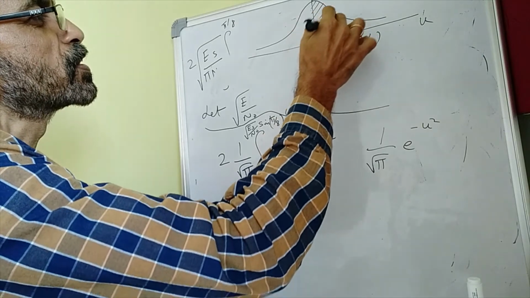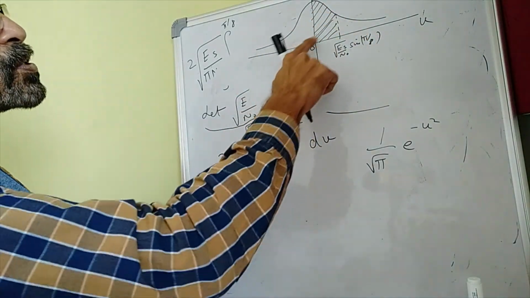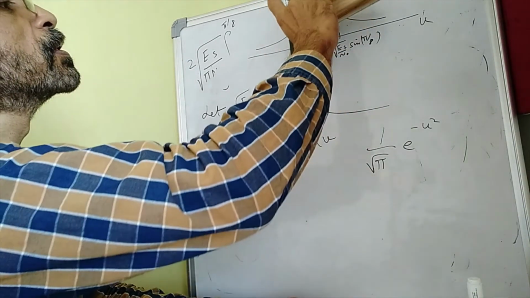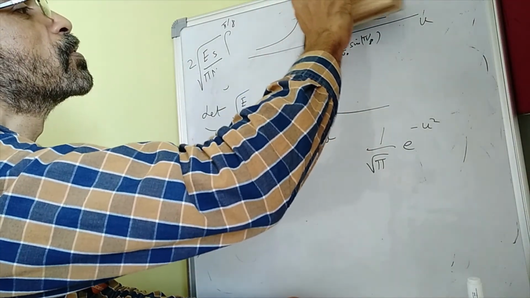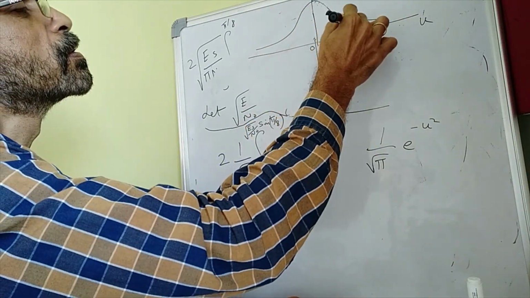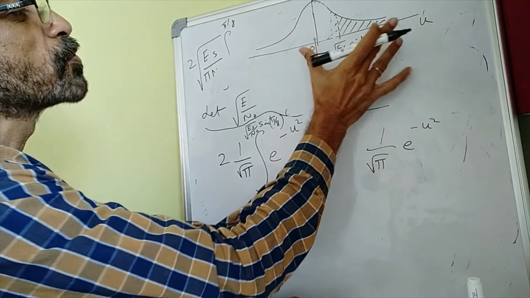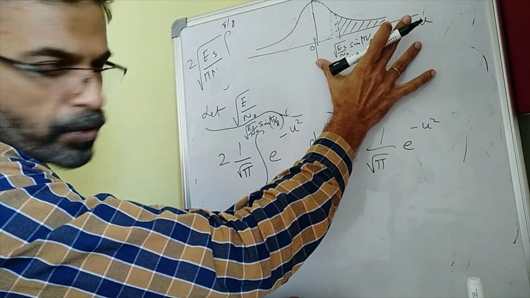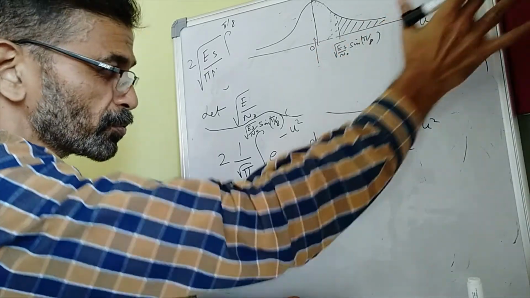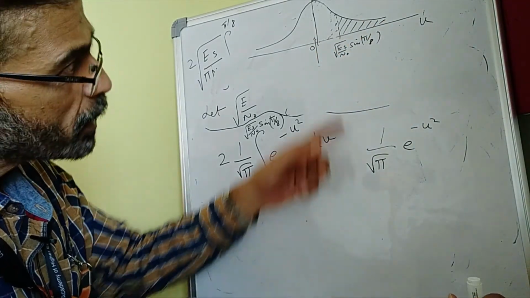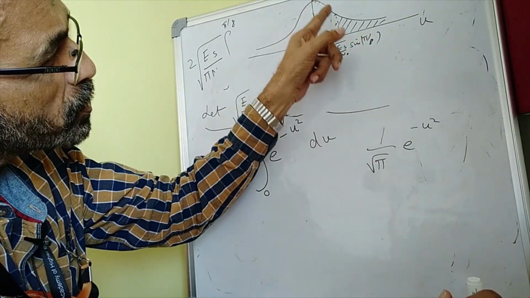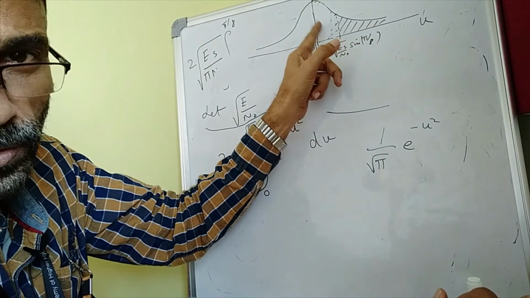Of course, twice this area, because the 2 I have left out. This is the area which we are concerned with, and this area will be the same as half minus this area, because one side of a zero mean Gaussian density function, if you integrate from 0 to infinity, you will get 1/2. And what we are interested in is this area. So 1/2 minus this will give us this.